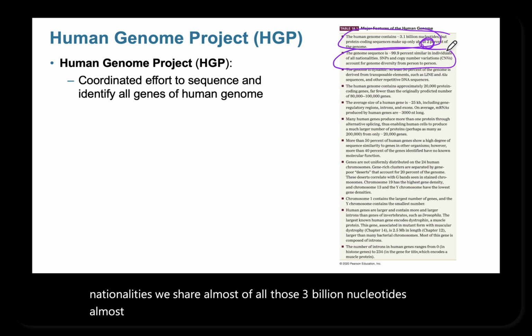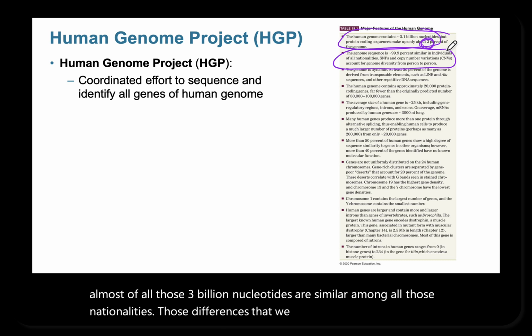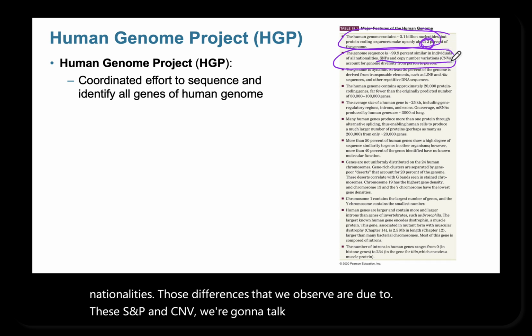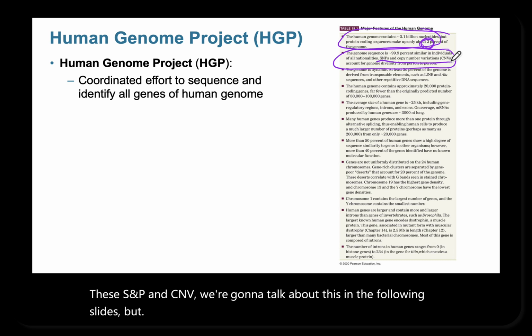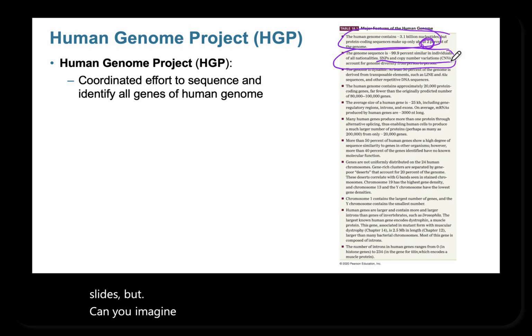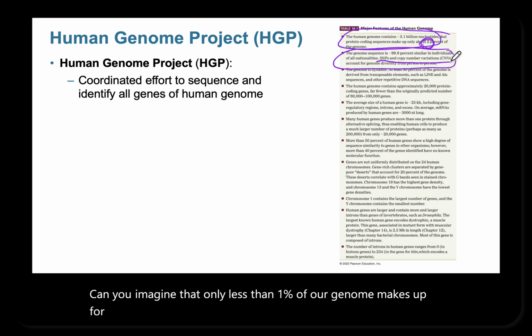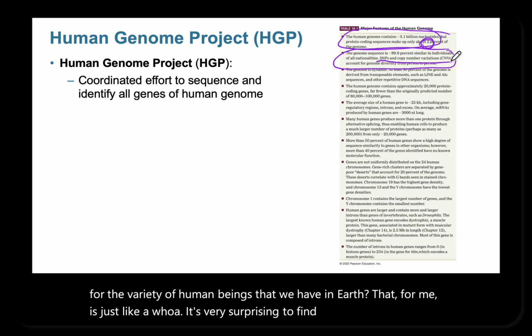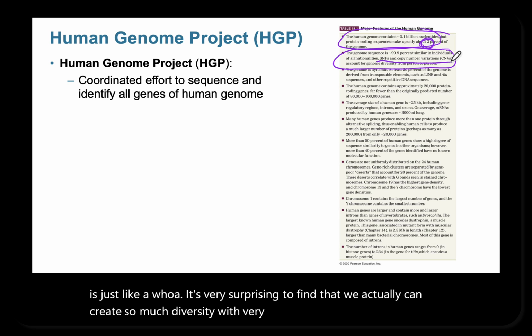The differences that we observe are due to SNPs and CNVs. We're going to talk about this in the following slides, but can you imagine that less than 1% of our genome makes up the variety of human beings that we have on Earth? For me that is just a whoa. It's very surprising that we can create so much diversity with very little of our DNA.